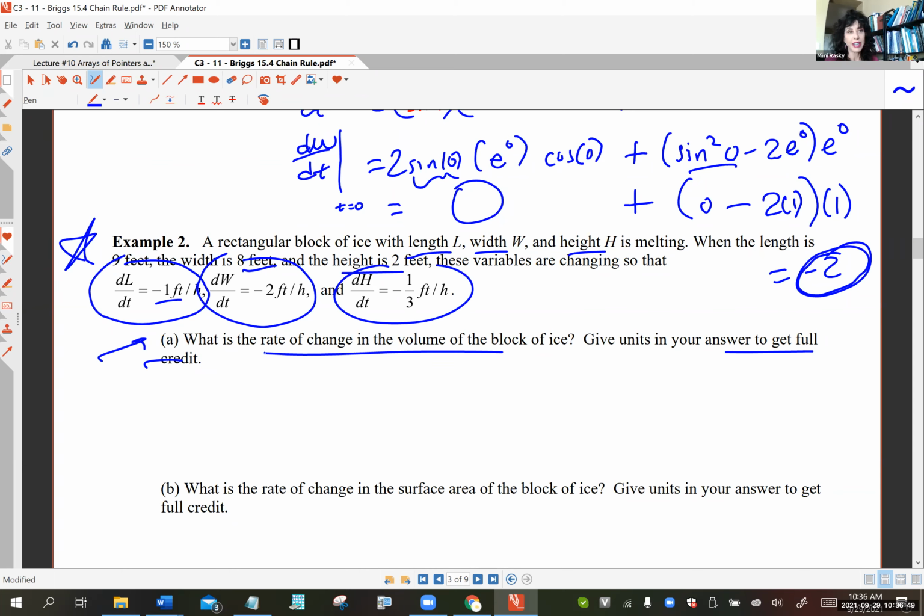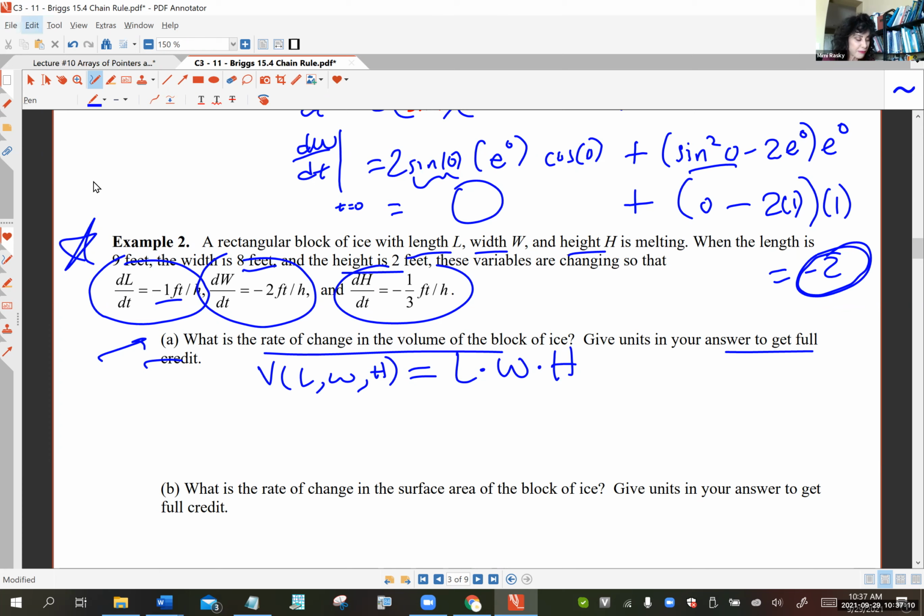First, what is your function that you're even doing business with? Well, it turns out we're working with volume, and volume is a function of 3 variables: length, width, and height. In fact, volume is just length times width times height. Okay, here's the function we're going to do business with.